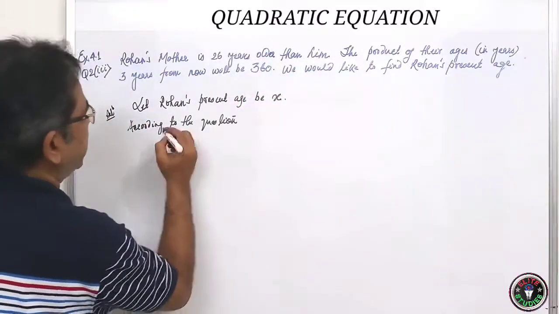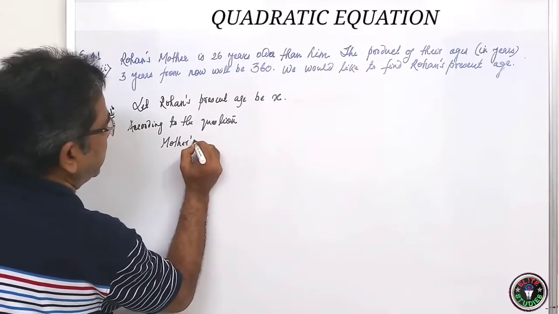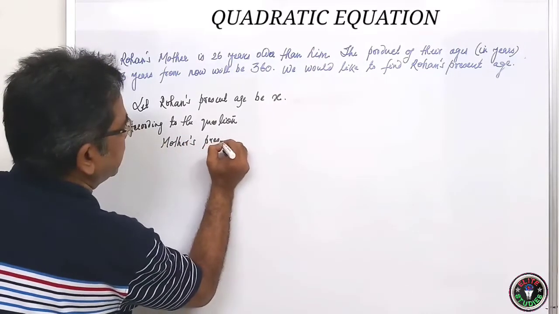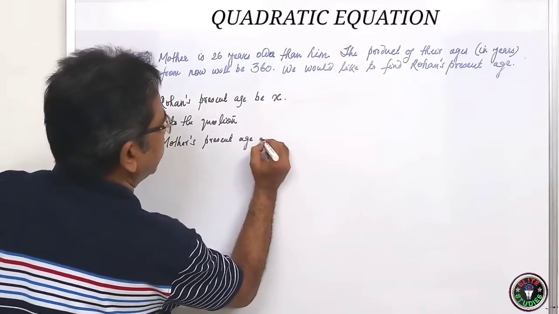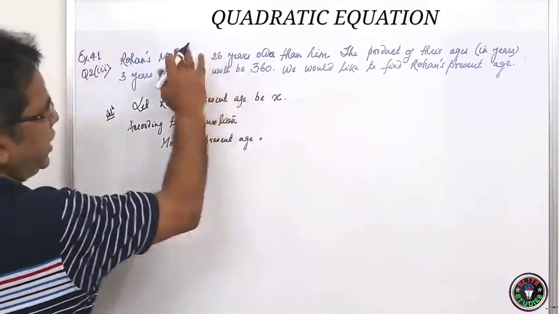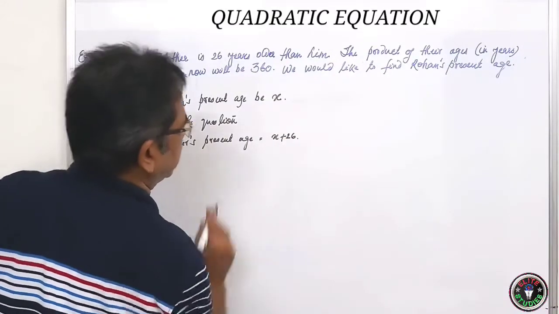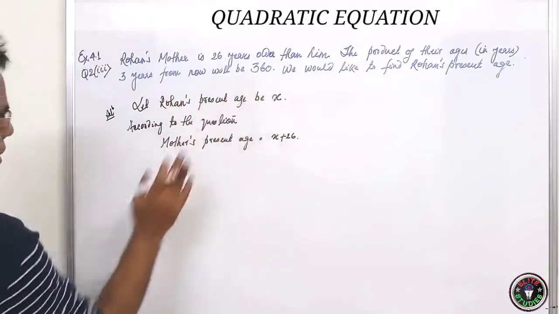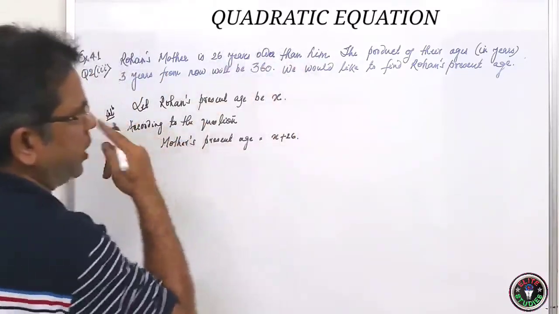So mother's present age is equal to x plus 26. Rohan's present age is x and mother's present age is x plus 26 according to this condition.